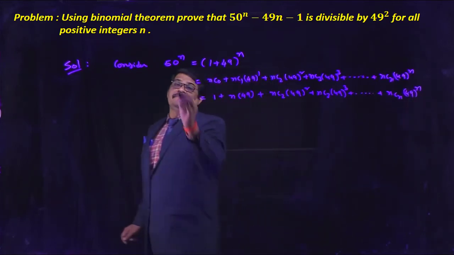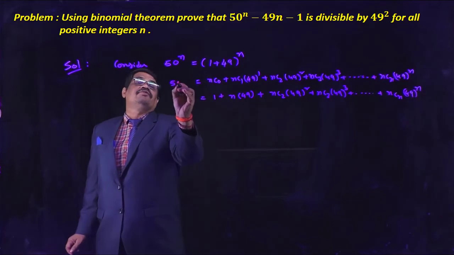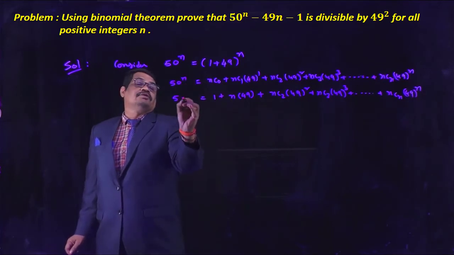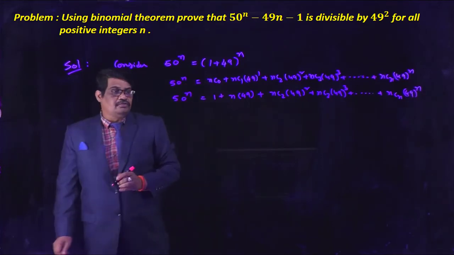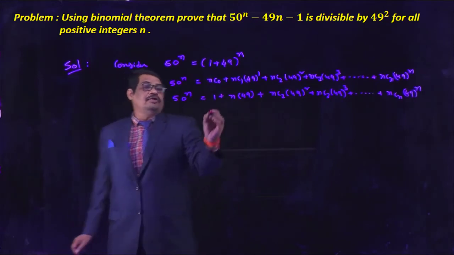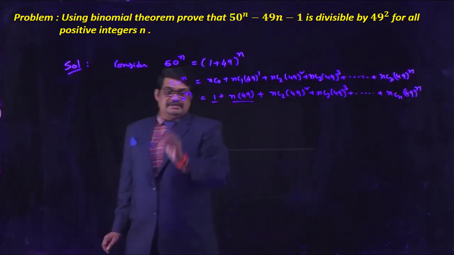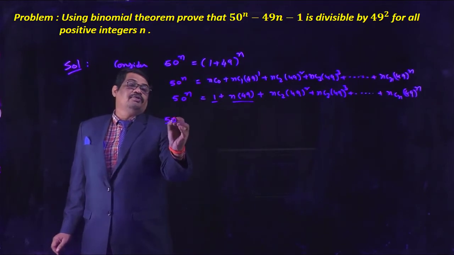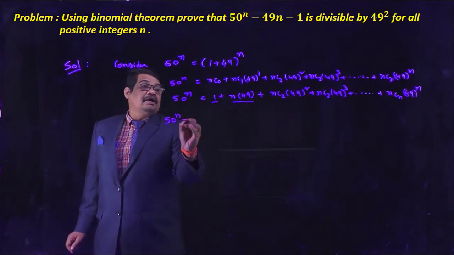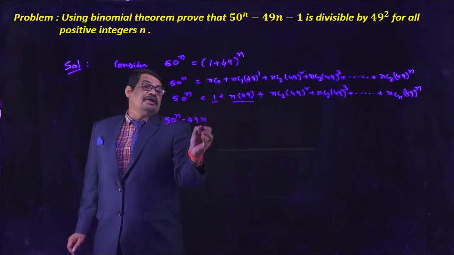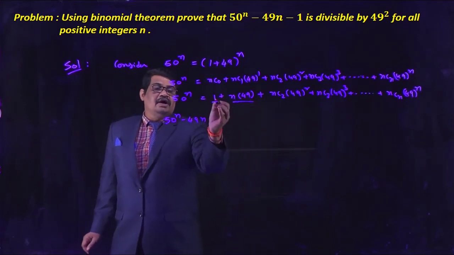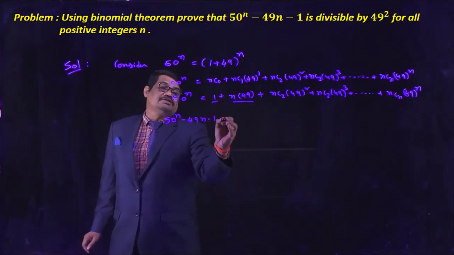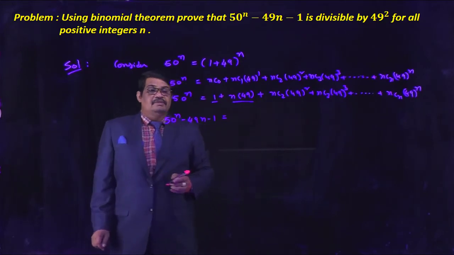So here in the LHS we have 50 to the power of n. Now we move these two terms to the LHS. Then we get 50 to the power of n minus 49n, and 1 moving to the LHS becomes minus 1.